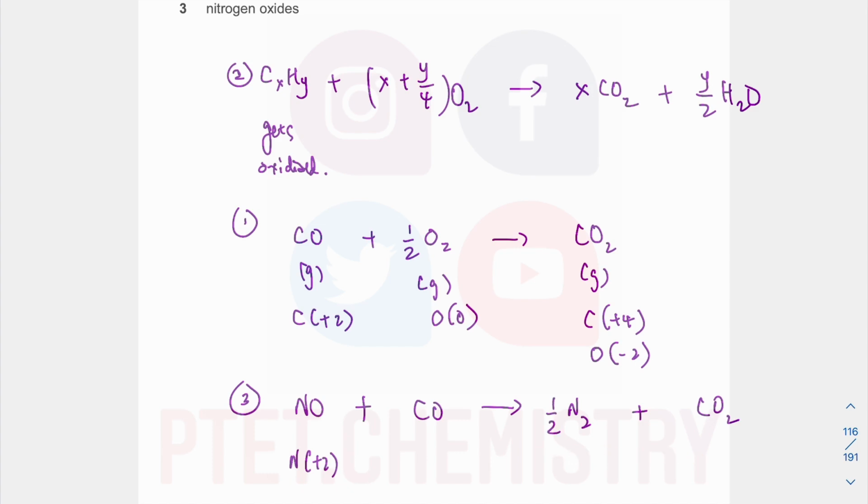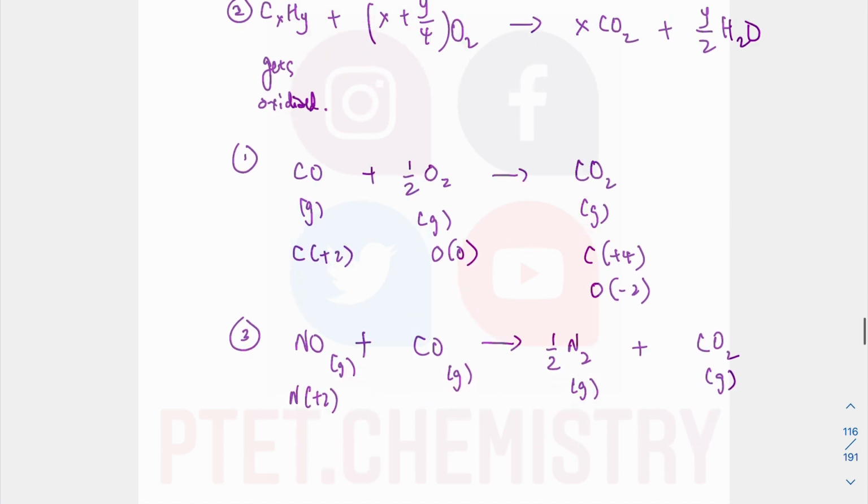You need to balance that with half N2, to balance out the number of nitrogen. So nitrogen in the molecule is nitrogen 0, and the carbon, as mentioned previously, is what I've just written down. So going to that is a decrease in oxidation number. Alright, because when you go higher, you're going to get to more oxide of nitrogen.